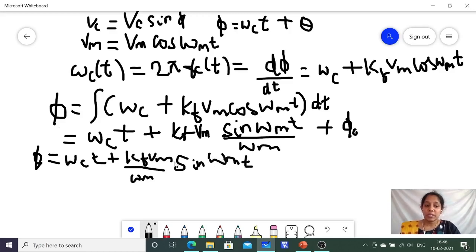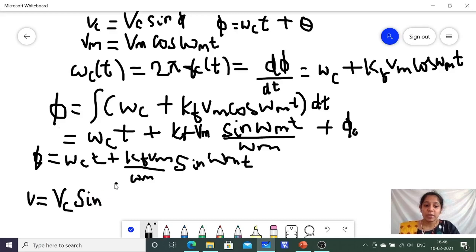So this is the phase. Now if we substitute this into the equation, we get the instantaneous voltage for the FM signal. The voltage of FM is equal to capital Vc into sine of phi.